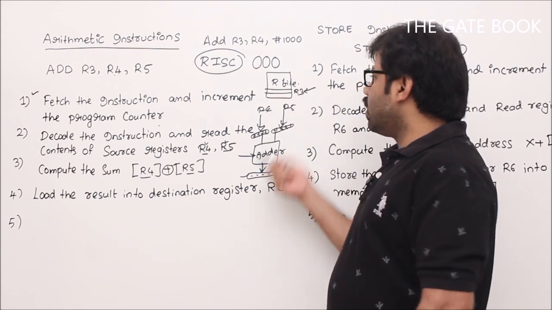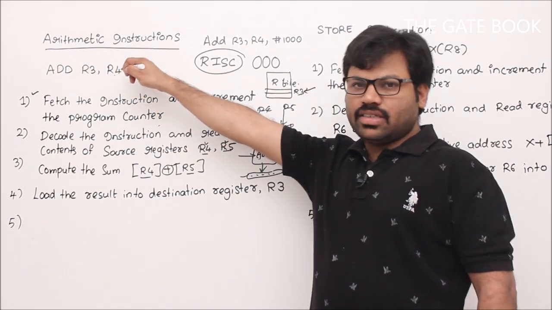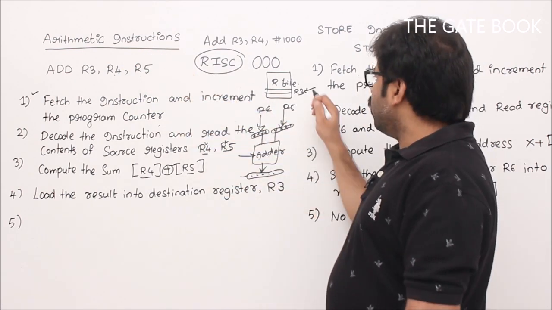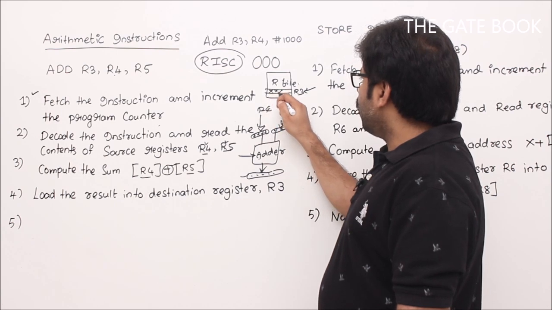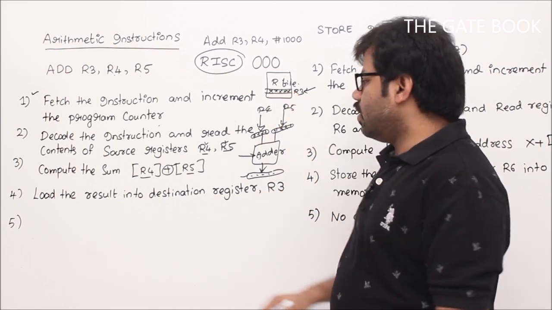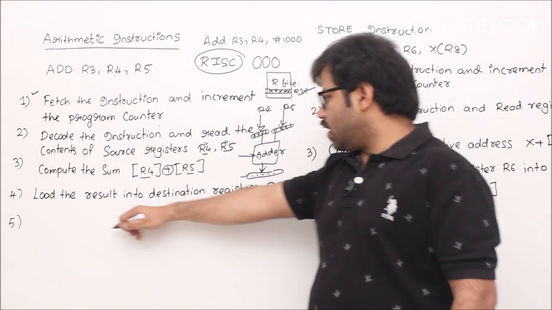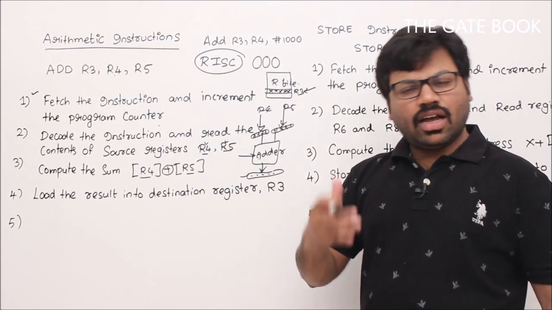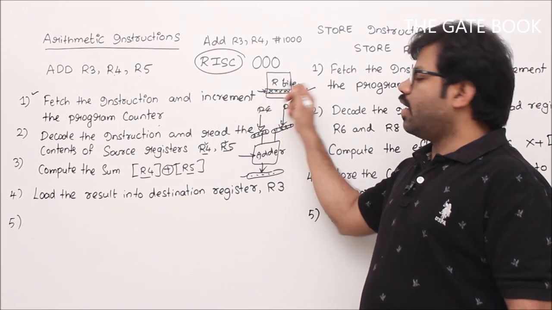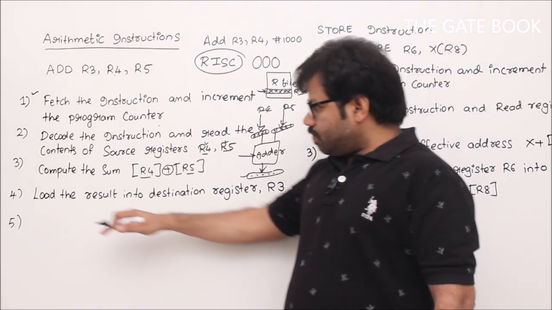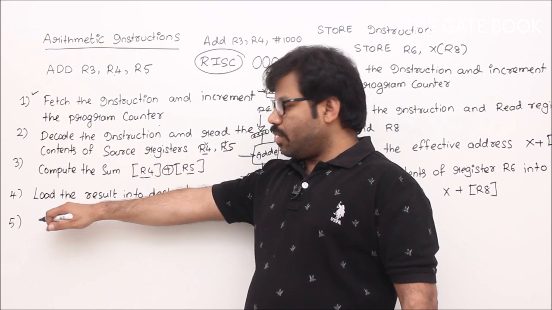And, sir, where is the address of R3? The instruction already contains the address of R3. So now go there and simply write the data. That is the meaning of this: load the result into destination register R3. We already have the address of R3. Simply enable that register and write the data. That will be done in step number 4.